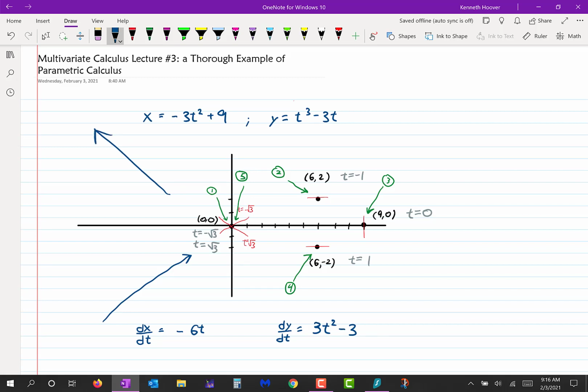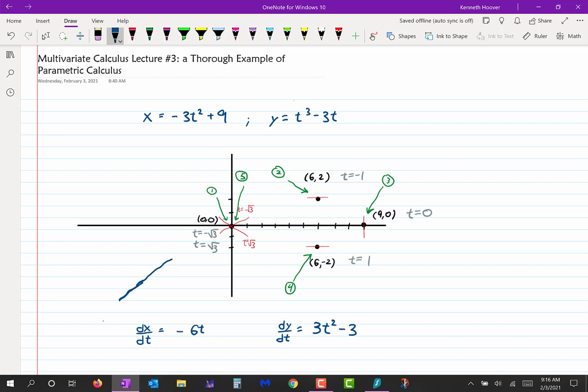Okay? So let's graph this curve. I think we can do a pretty good job of graphing. Okay, I'm going to erase these two blue arrows there. Okay, so here we go. It's going to come from this direction. Notice there's an order in which I'm drawing this. The order is as t gets bigger and bigger. Okay, I get a certain direction.